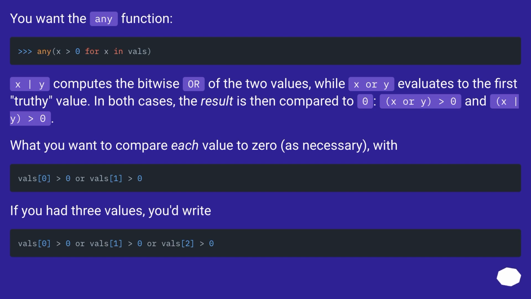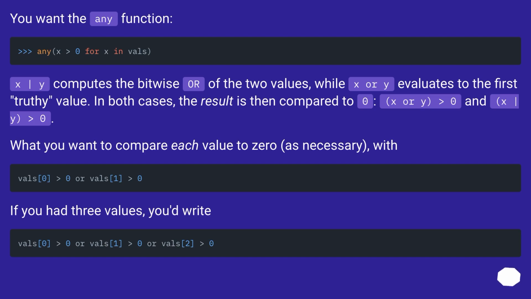X | Y computes the bitwise OR of the two values, while X or Y evaluates to the first truthy value. In both cases, the result is then compared to 0: X or Y > 0, and X | Y > 0. What you want is to compare each value to 0 as necessary.